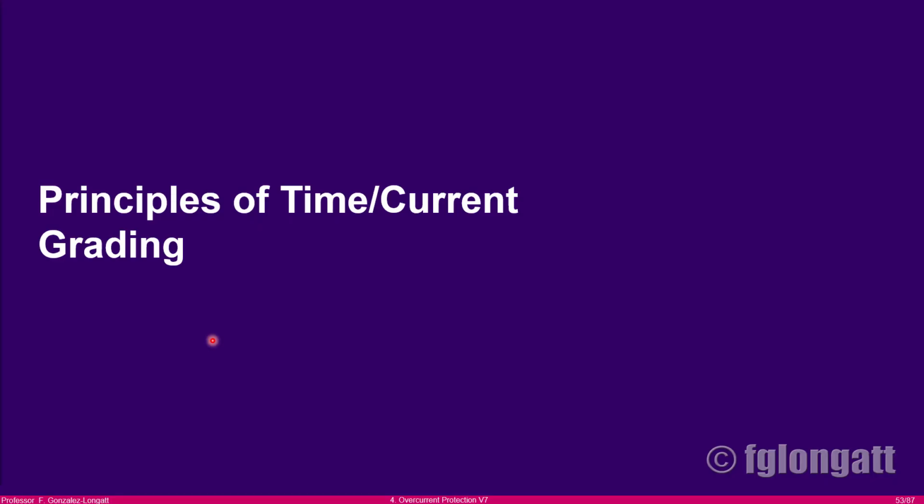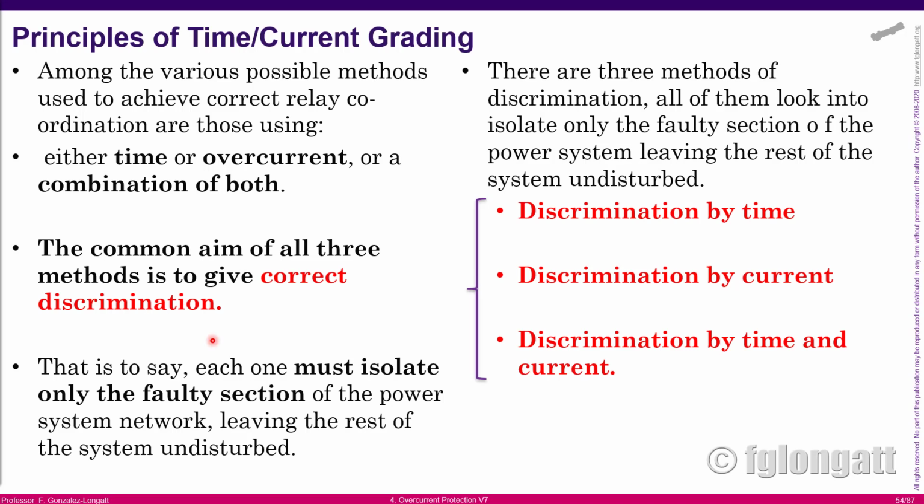Okay. Now I need to run an explanation about something very important for overcurrent protection. Okay, and that represents the principle for grading. When we are setting protections, overcurrent protection, or any protection, to be honest, what we need to identify is the settings.